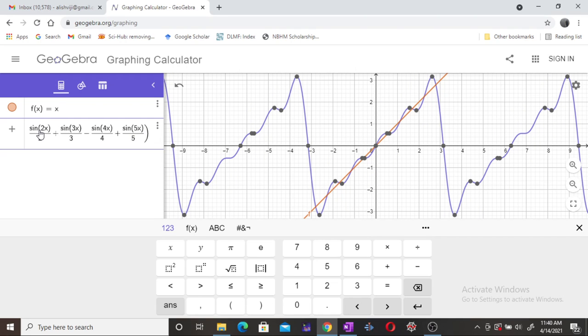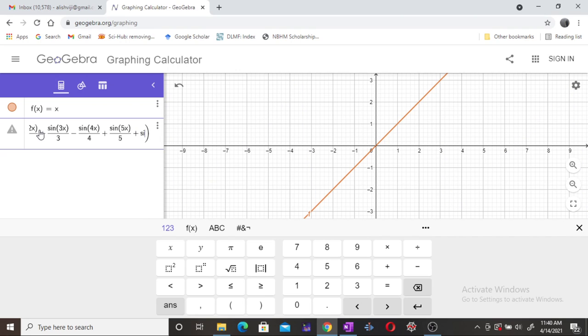Now it becomes very close to the original function. Then we consider the sixth term also, which is sine of 6x by 6.